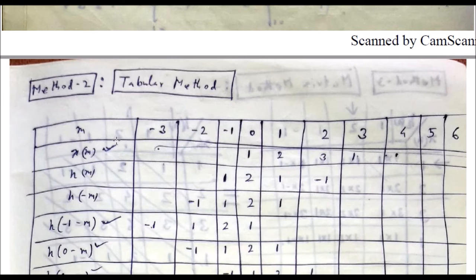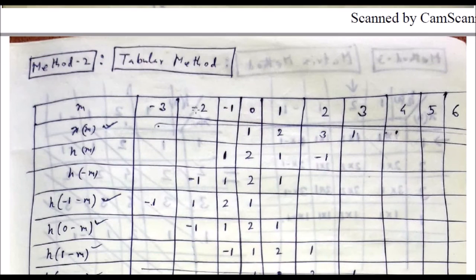Both the signals, xn as well as hn, and now just change the time index of them from n to m. So you are writing xm and hm, and now put all the possible values. You can start from -3 up to 6, 7 or 8, or from earlier also.